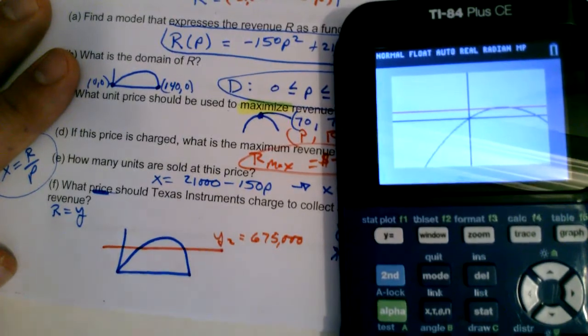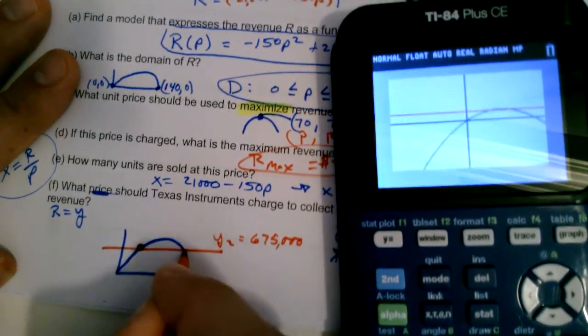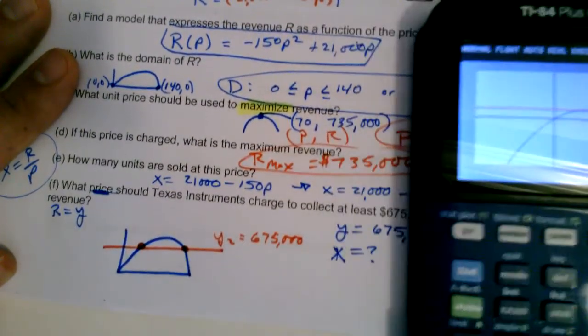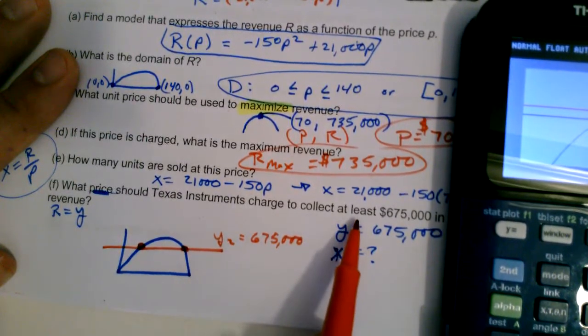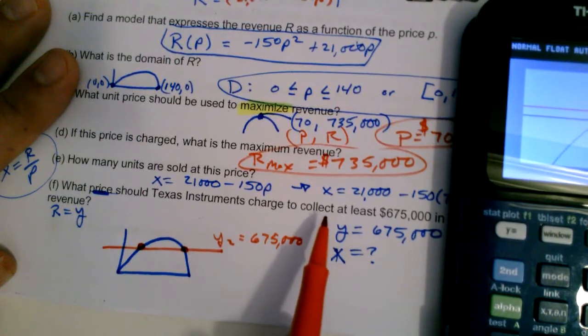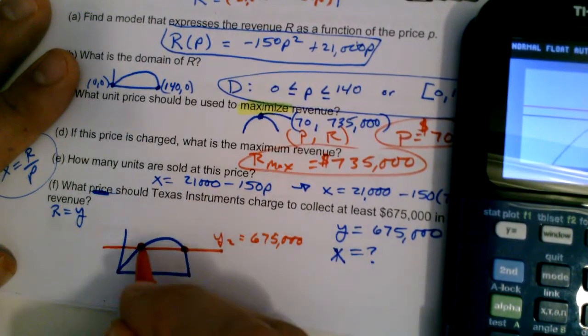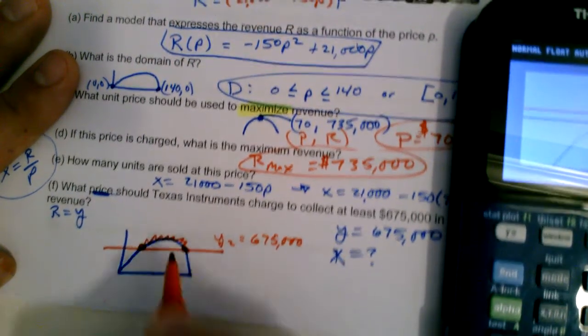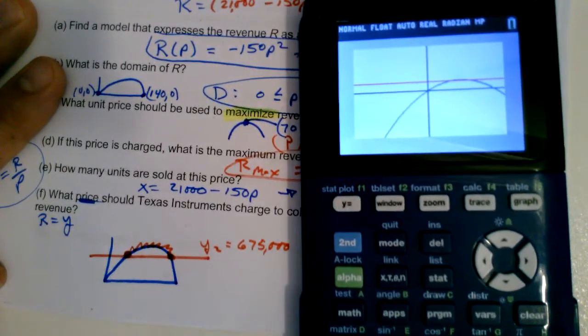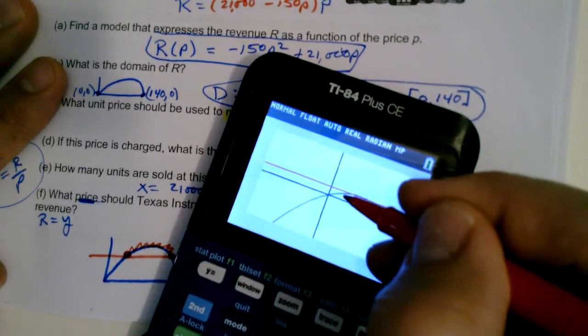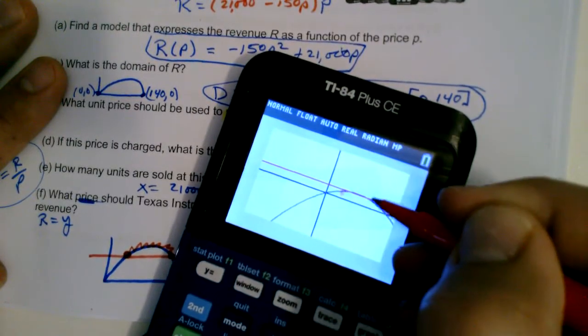And what I want to do is find out what price Texas Instruments should charge to collect at least that much. So at least is right here. I want to find that value. There are two intersections I want to find. I want to find this point and I want to find this point.